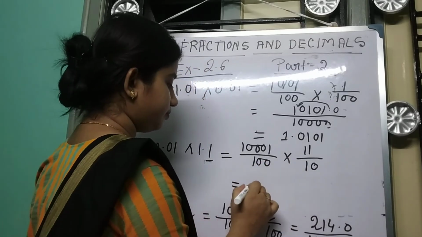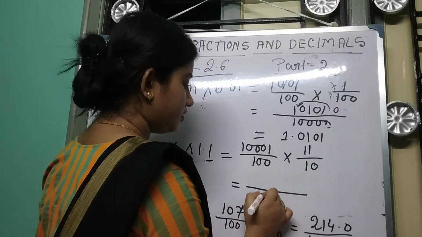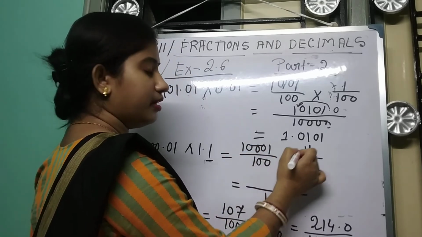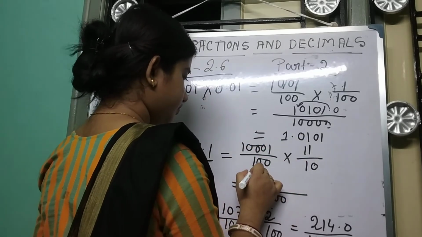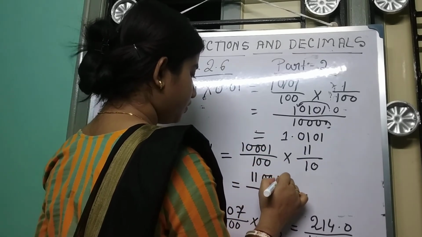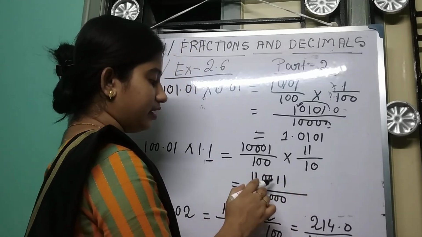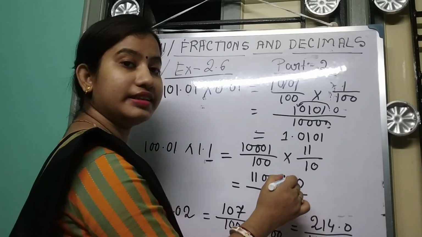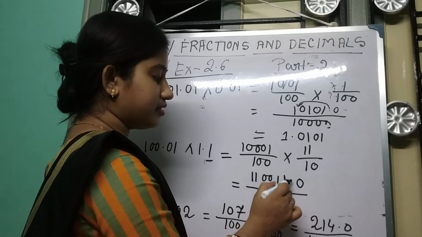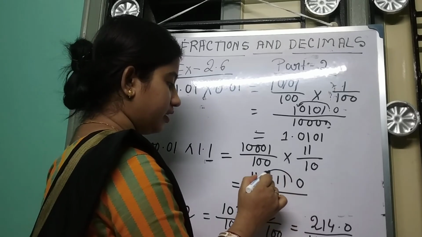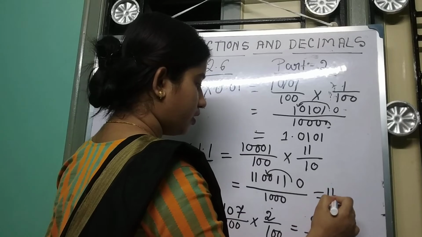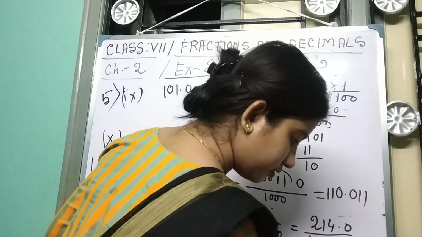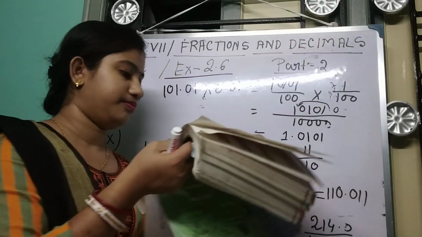Now we get 1000, with 3 zeros. 10001 multiplied by 11 gives 110011. Now if we divide this by 1000, we shift the decimal point by 3 places to the left, so we get 110.011. This is number 10.